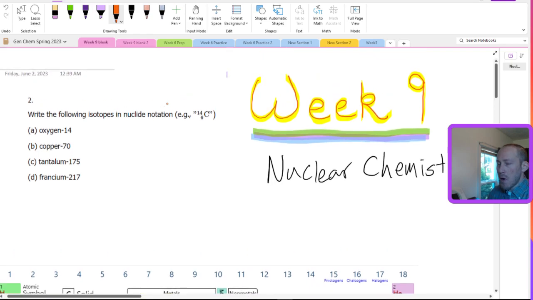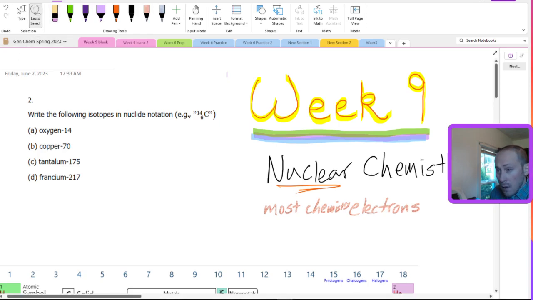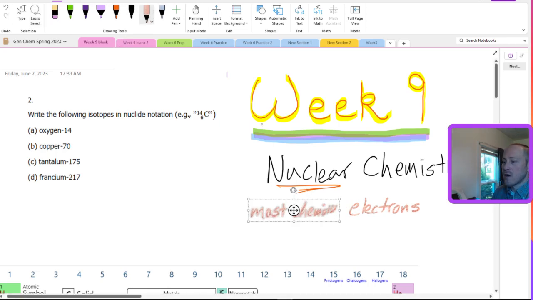Most of chemistry, just to talk about what makes this nuclear chemistry, is all about electrons. And electrons are involved here. Most chemistry is all about what the electrons do in relation to nuclei and how nuclei share electrons with each other.